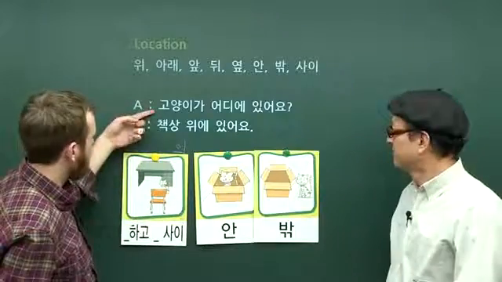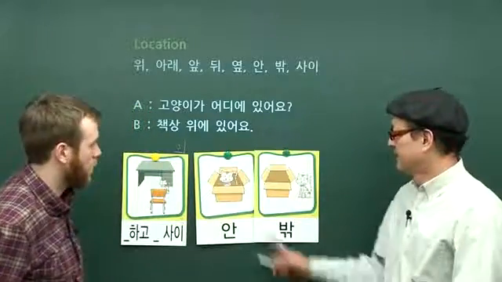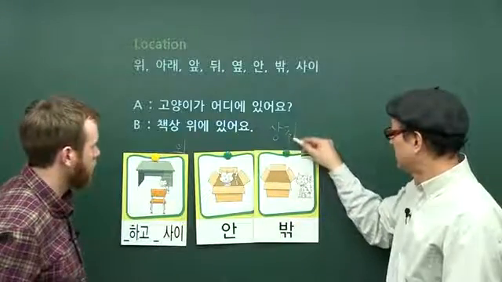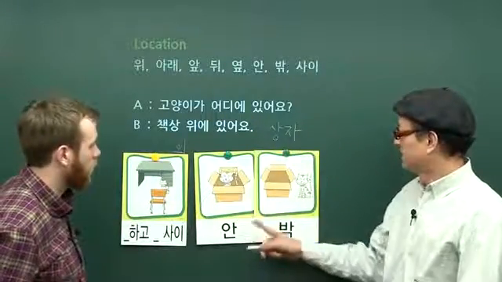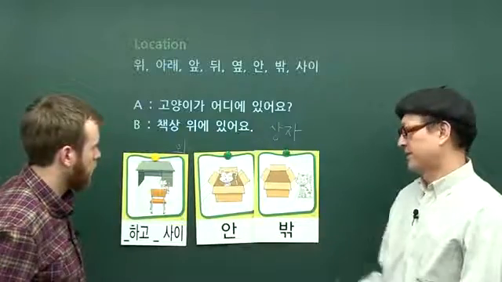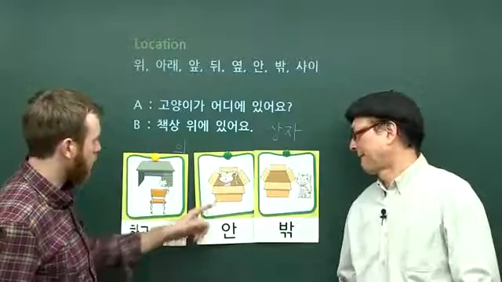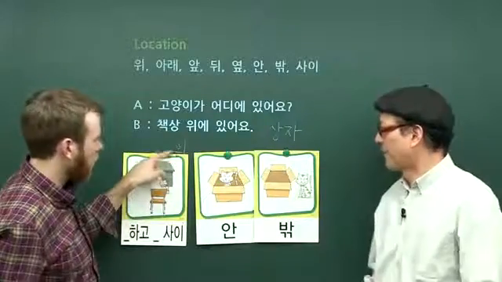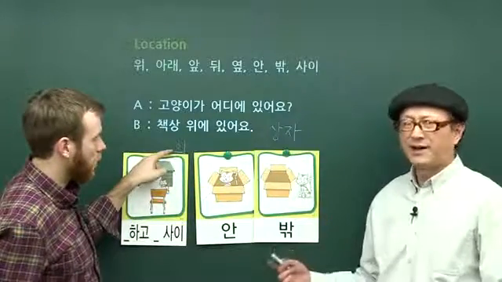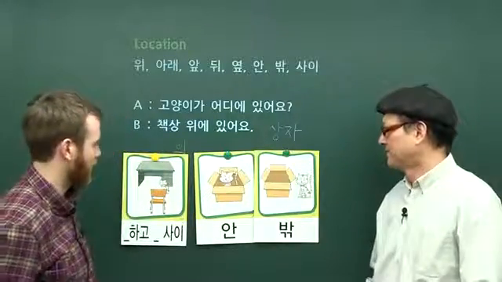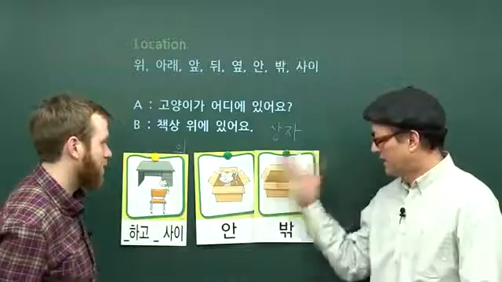Again, if I'm asking 고양이가 어디에 있어요? 상자. 이게 상자예요. 상자 안에 있어요. So 상자 is our box. 상자 안에 있어요. Would I use 상자에 안에 있어요? 어디에 있어요? 상자 안에 있어요.